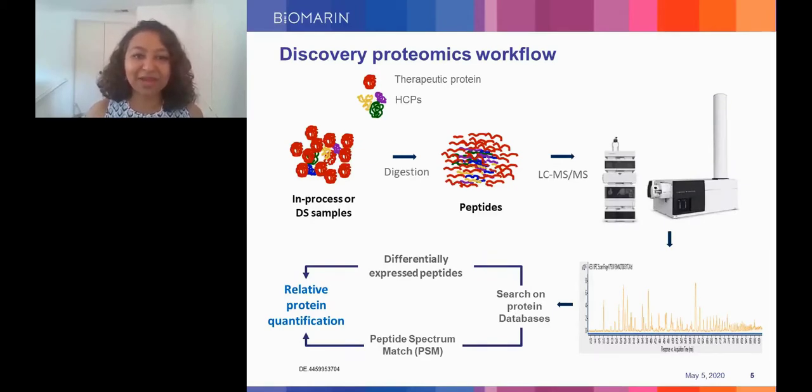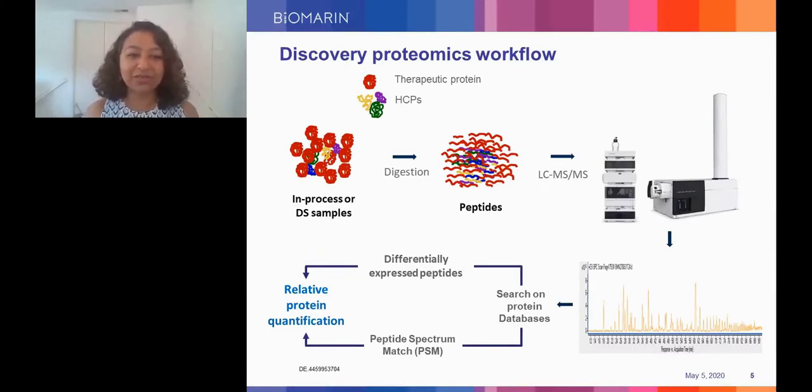These might be very small quantities, but they might still be there because they either have affinity to the protein, the drug substance itself, or they may be sharing qualities of the drug substance so that they co-elute in a purification step.